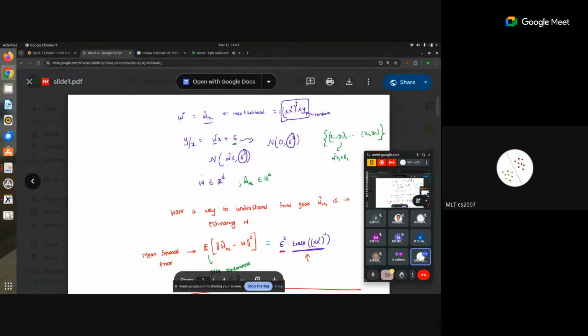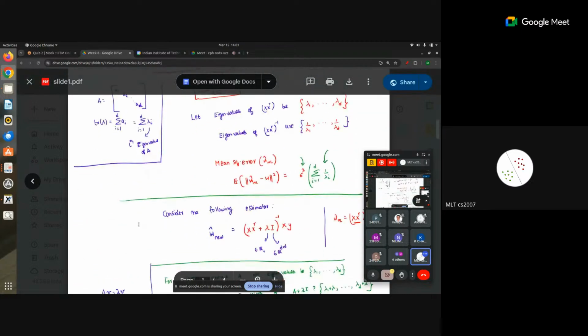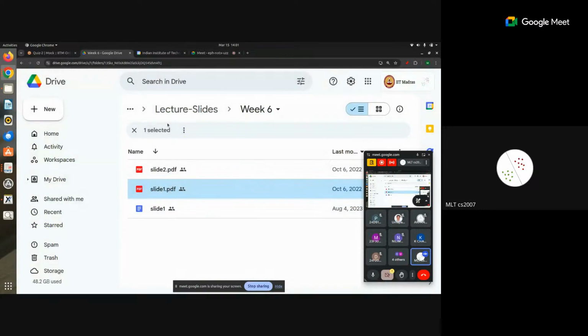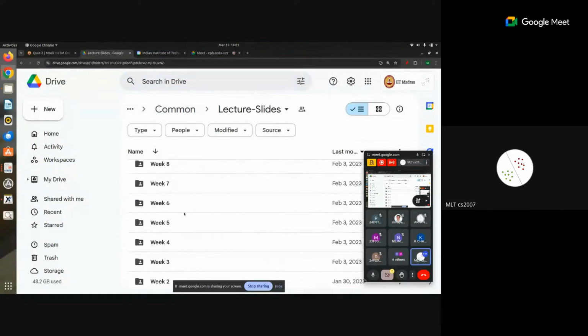So what is this part? This is the solution, right? X X transpose inverse X y. I think this is week 6, I'll go to week 5.